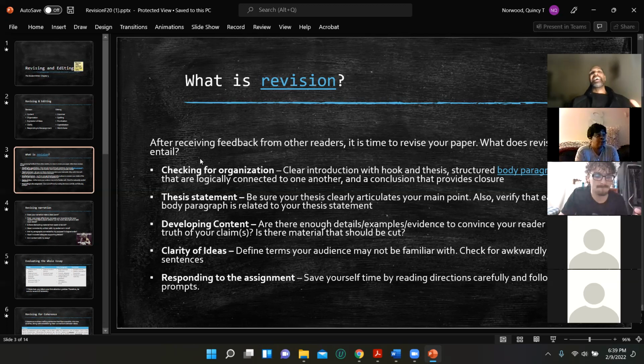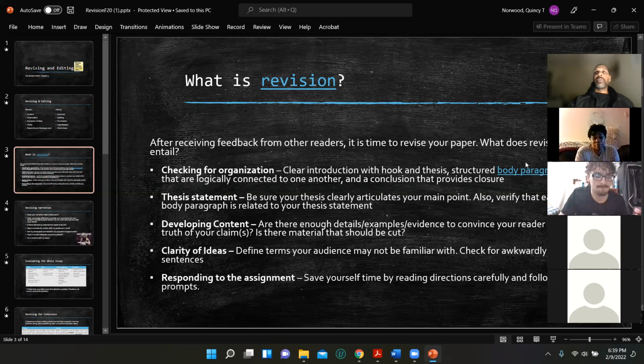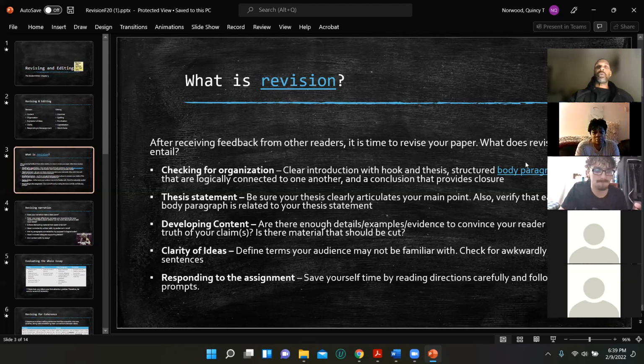All right. Now, this is what you're checking for. You're checking for organization: intro, hook, and thesis. Even though we don't really need a thesis just yet because we're working on a narrative, and sometimes the thesis statement is implied, just make sure you're starting off in an interesting way.